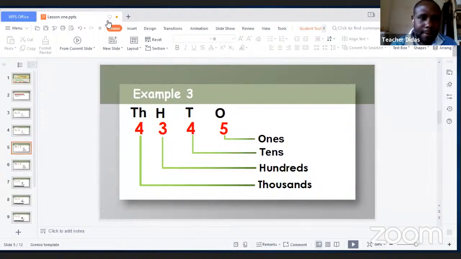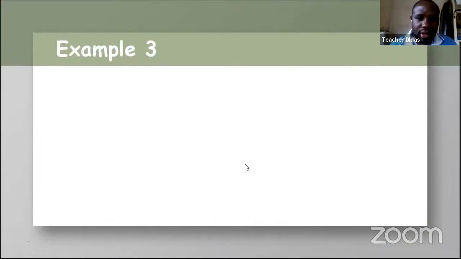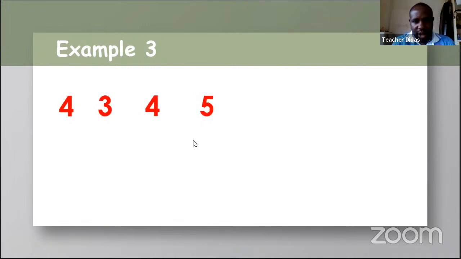Now, we can be given a number, like the number which is here. When you are given a number like this one, 4, 3, 5, there is no need to check in the book.